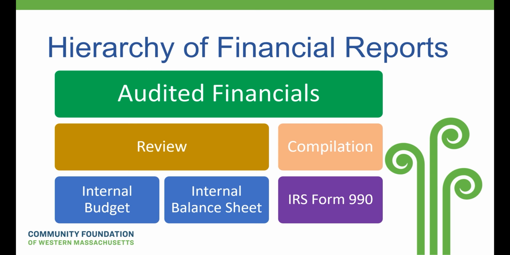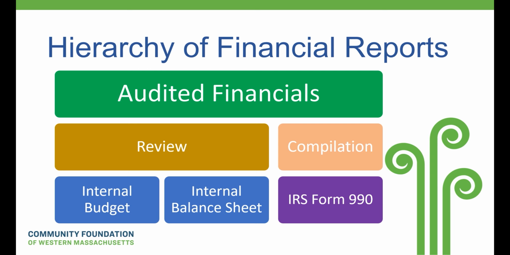And then the bottom section are things that could go a little either way. Internal budgets, internal balance sheets, those are things where internal staff are creating them, working with them, and pulling them together. And the final is the IRS Form 990. This also comes from those internal statements, but could either be reviewed by an outside firm or created by an outside firm.